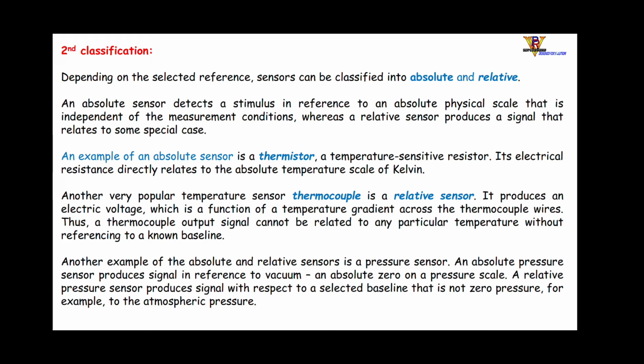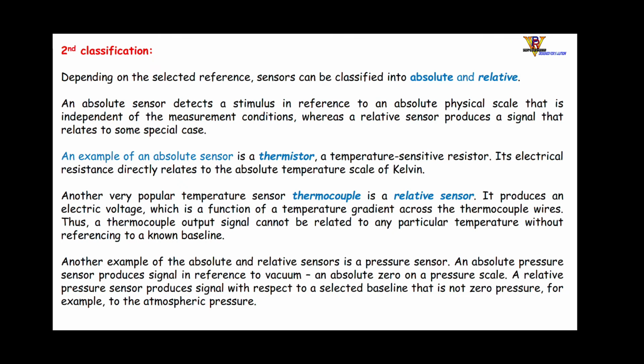And another very popular example of a temperature sensor is the thermocouple. Thermistor is an absolute sensor while thermocouple is a relative sensor. How is it relative? Because here we take the measurement with reference to another terminal. It produces an electric voltage which is a function of the temperature gradient across the thermocouple wires. Thus, a thermocouple output signal cannot be related to any particular temperature without referencing a known baseline.